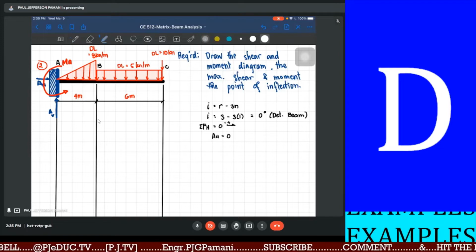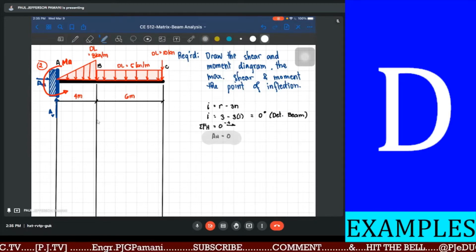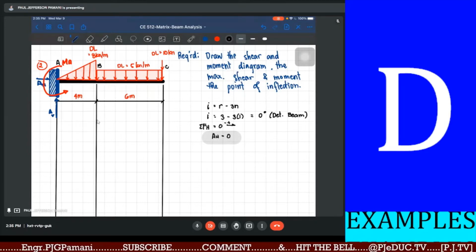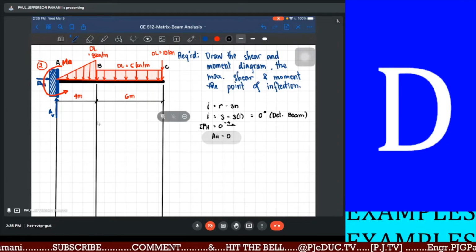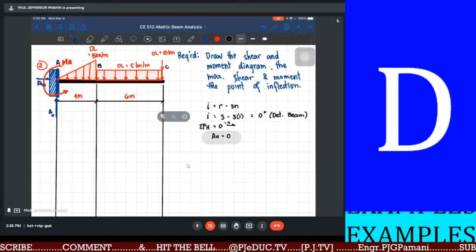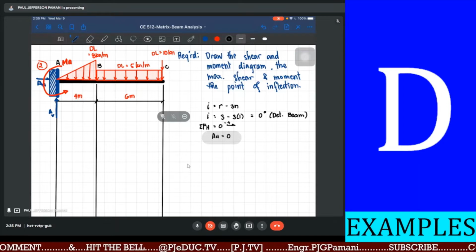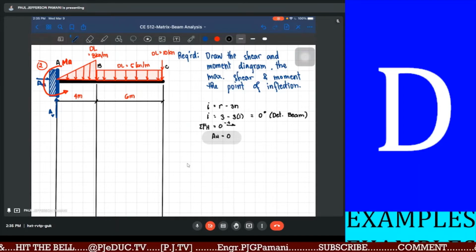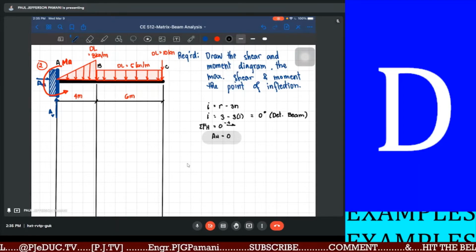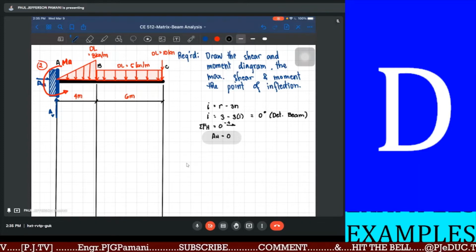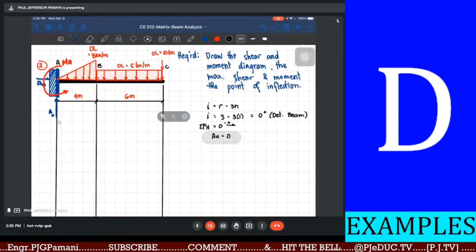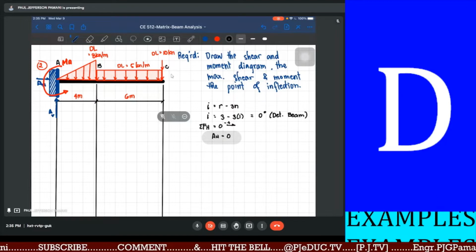As simple as that, no? Now, anong pwede nating susunod na gagawin? Summation forces vertical. Kasi wala namang ibang support doon sa other end ng ating cantilever beam maliban lang doon sa fixed support. So, vertical applied loads also.